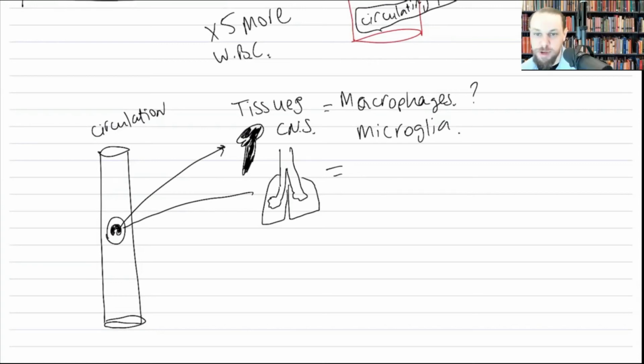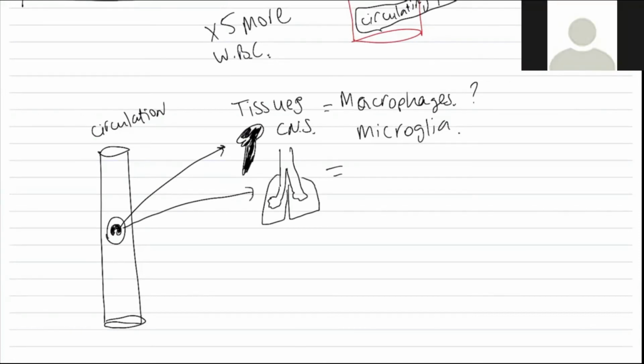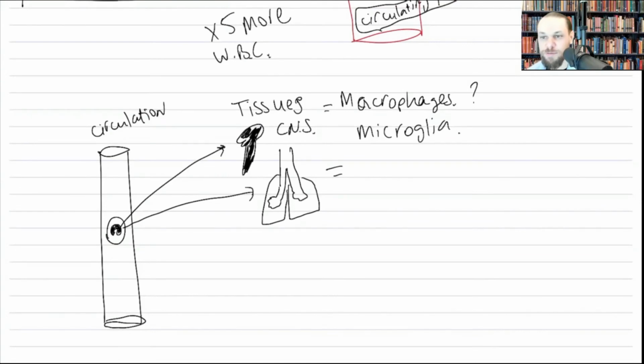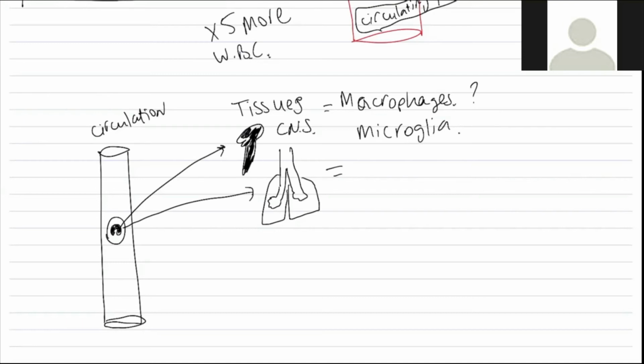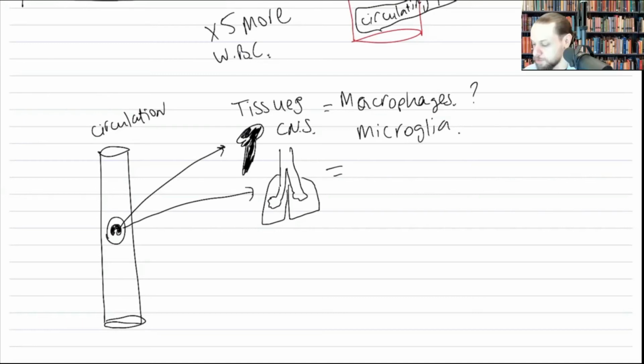Everyone recall what the macrophages in your lungs are called? They're not lymphocytes. Lymphocytes are different cells, right? They're still macrophages, but in the lungs they're called alveolar macrophages.